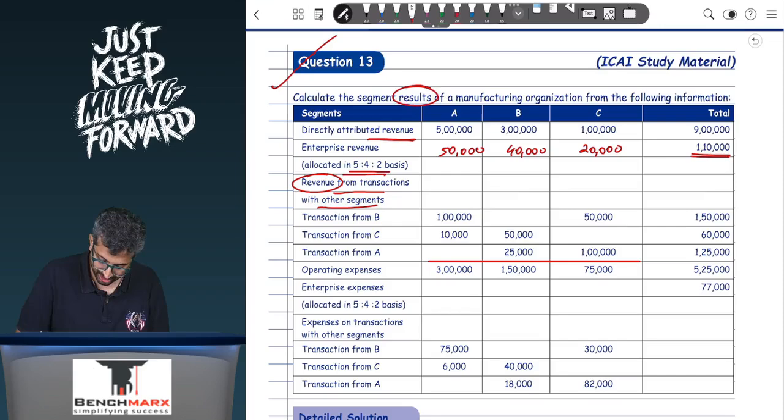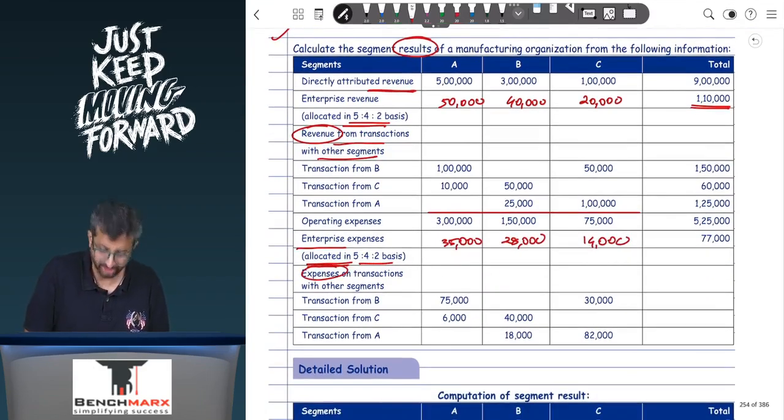Then you have operating expenses. And then you have enterprise expenses which are allocated. If the ratio is available, you will take 77,000 divided by 11. That is 7,000 into 5, 35,000. Then you have 28,000 and 14,000. And there are some expenses on transactions with other segments.